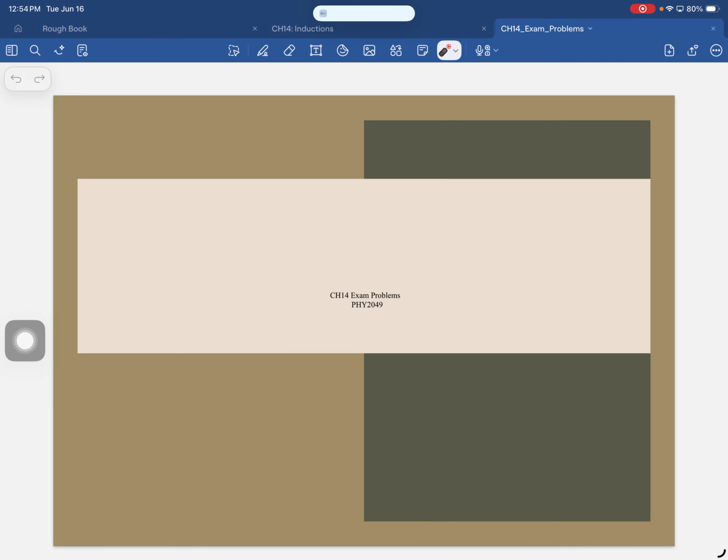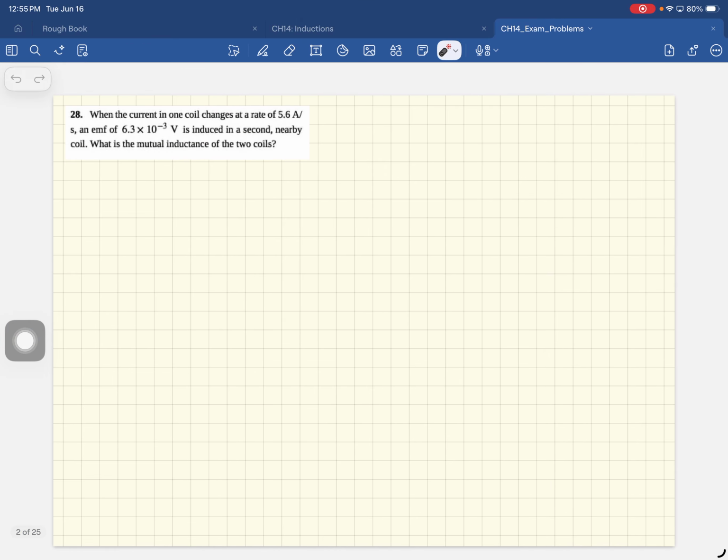Of the thing, the magnetic field through it times the area. Well, the magnetic field is related to the current in this coil, in the solenoid.